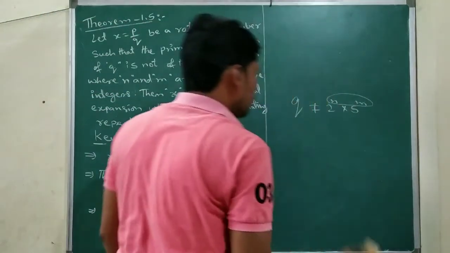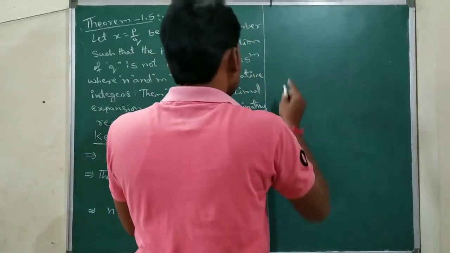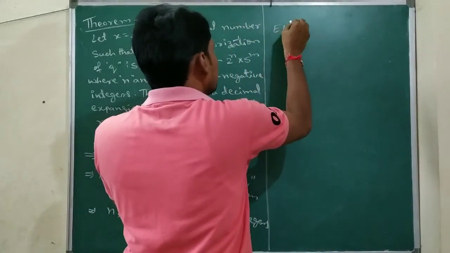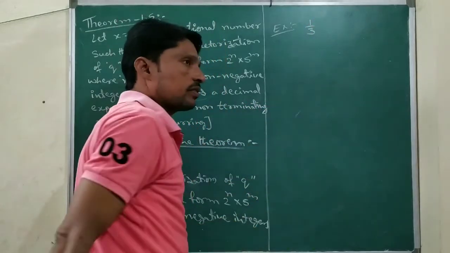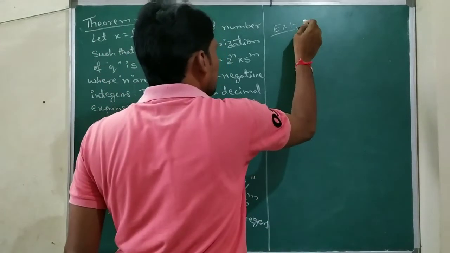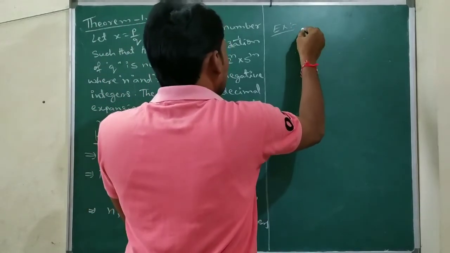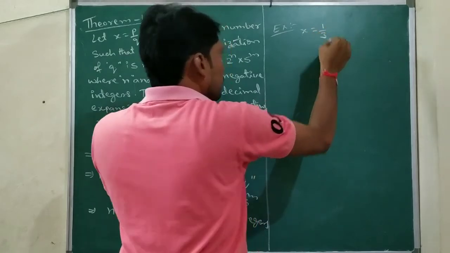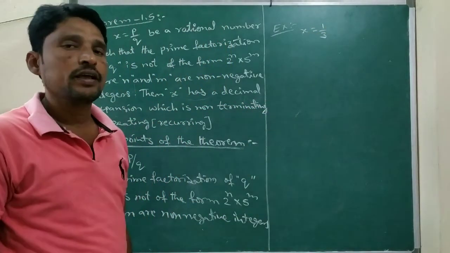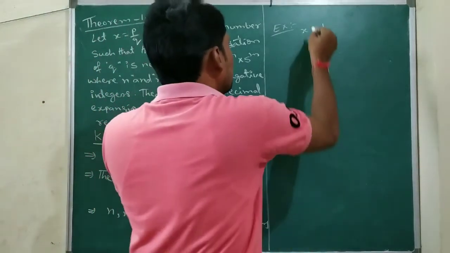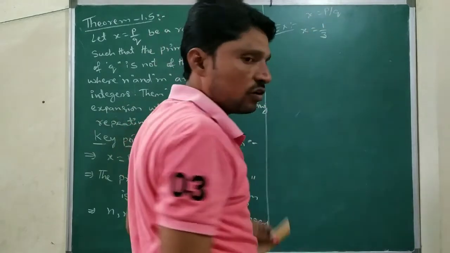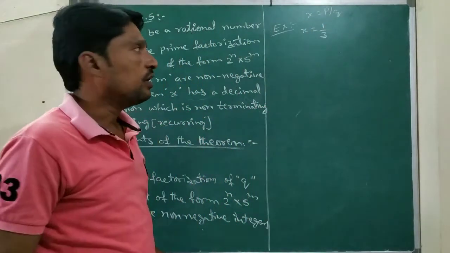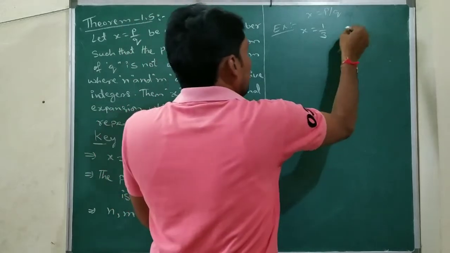Let us discuss one example. Here I took 1 by 3. x equals 1 by 3. Is it of the form p by q or not?